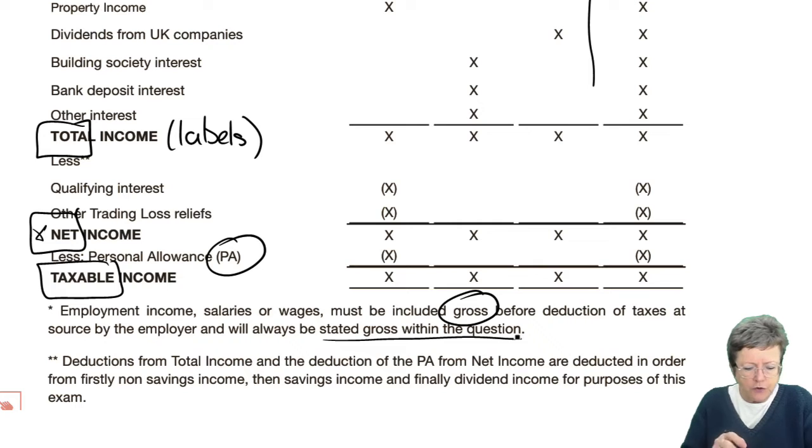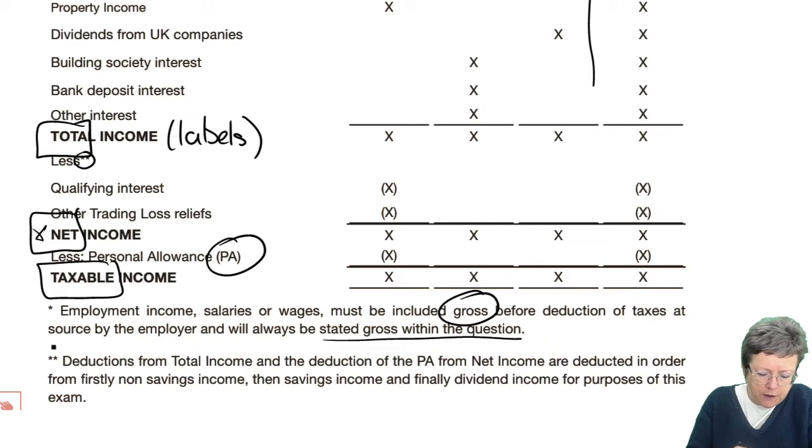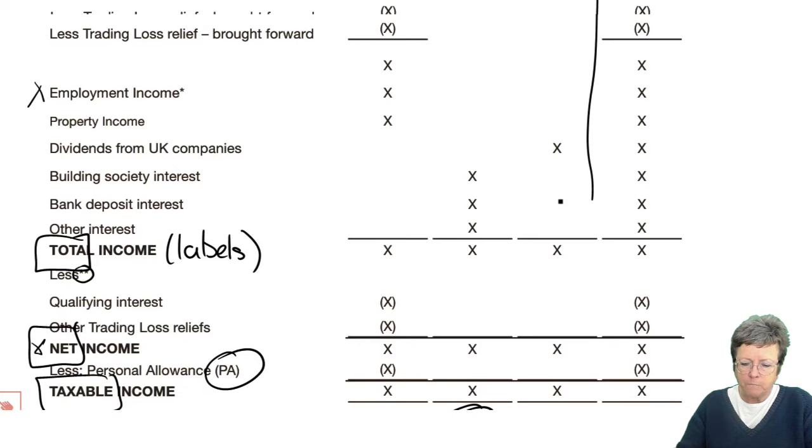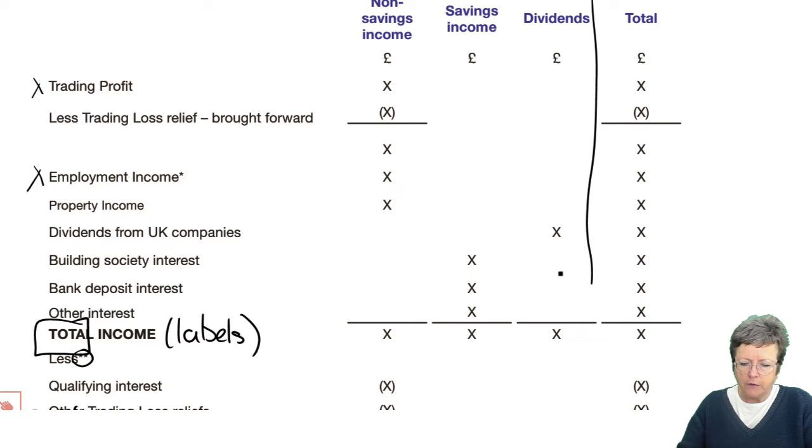Then the deductions, you can see the 2 asterisks there, from total income and the deduction of personal allowance from net income are deducted in order. You'll notice they're in the non-savings column first. You see that? Always difficult to get the whole thing on the same page. But they're always from the non-savings income first.